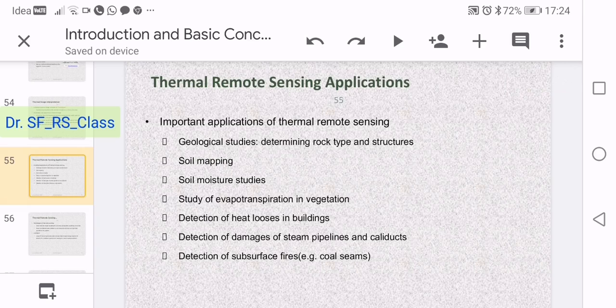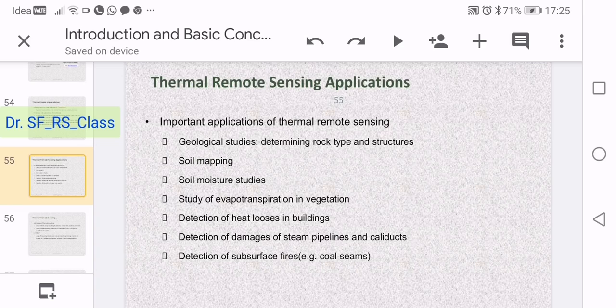And its applications can be in various fields. A lot of applications are there. Some of the examples can be in the geological studies, determining the rock type and structures. Different rocks will be emitting different temperatures. There are temperature differences depending upon components, characteristics, position, and structures, that means fold and fault.